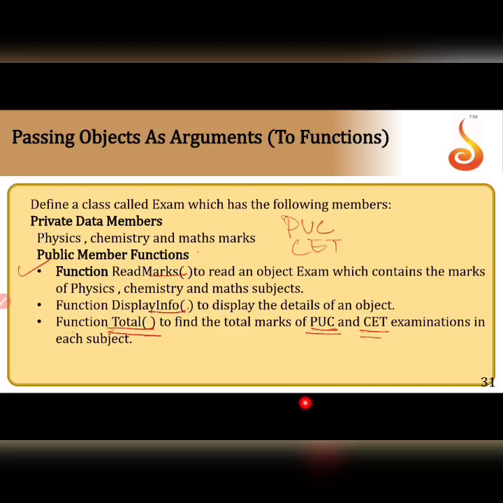Read marks, which will read the marks the student would have taken in physics, chemistry and math. Then I need to display that information. After that, I need to calculate the total marks scored by the student in PUC and CET subject wise. That is the PUC physics marks plus CET physics marks, PUC chemistry marks plus CET chemistry marks, and the last one is PUC math marks plus CET maths.